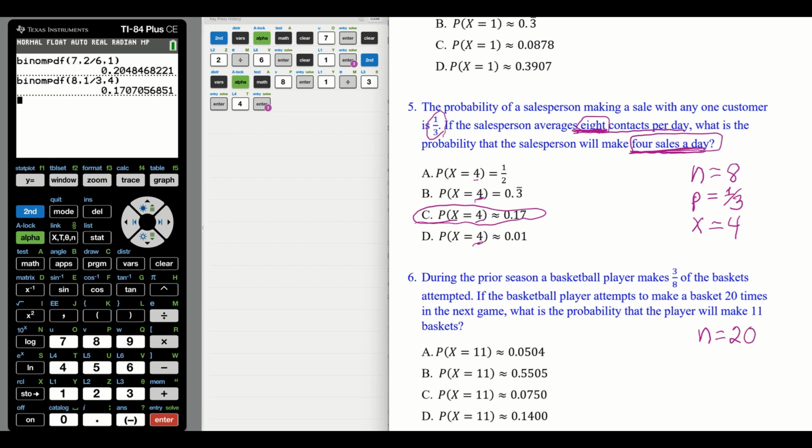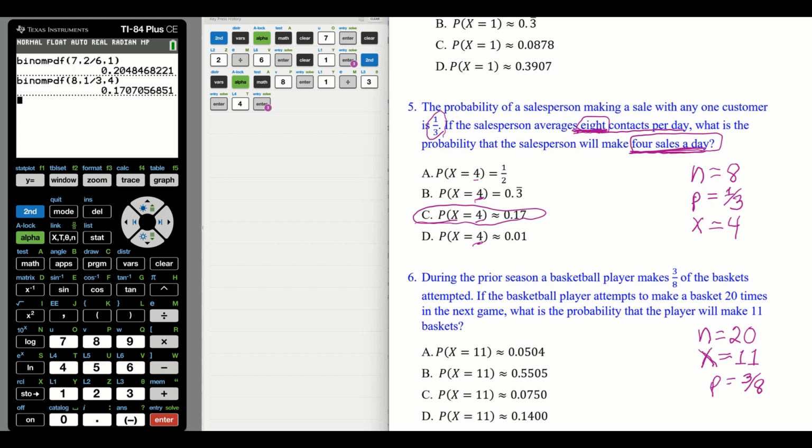In the next game, what is the probability that the player will make 11 baskets? So our X, our future amount, needs to be 11, and our probability is 3 out of 8.